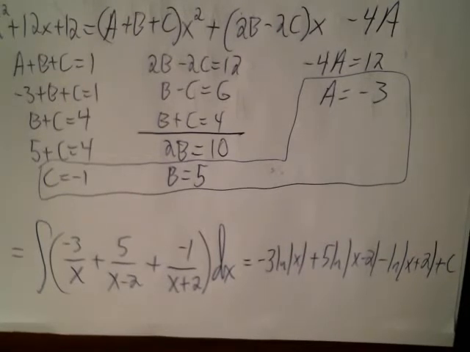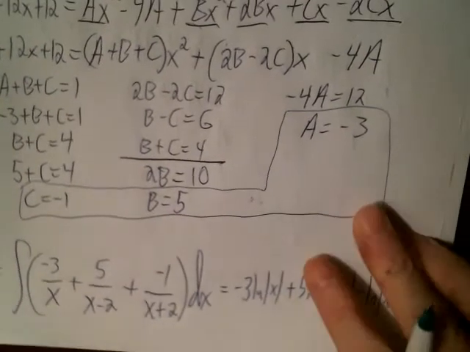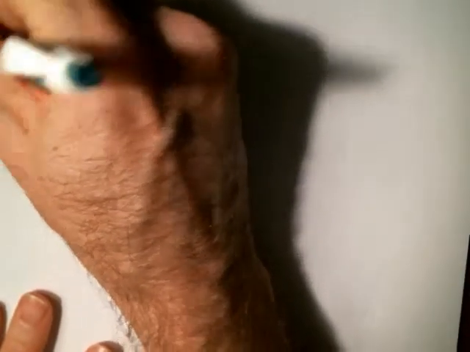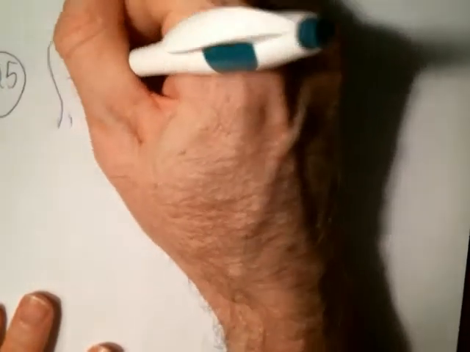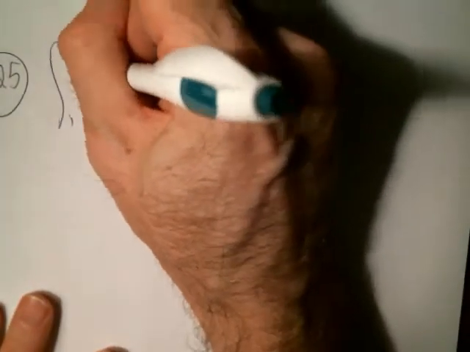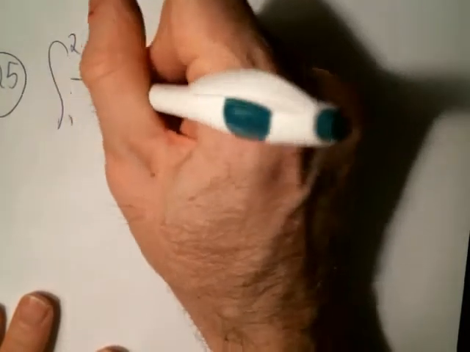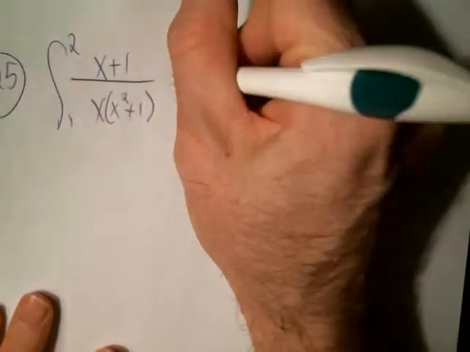Okay. Let's do another one like that. When you have irreducible quadratics, that's when you have to do the first method, the equating coefficients method. Let's look at 25, the integral from 1 to 2 of (x plus 1) all over x times (x squared plus 1) dx.